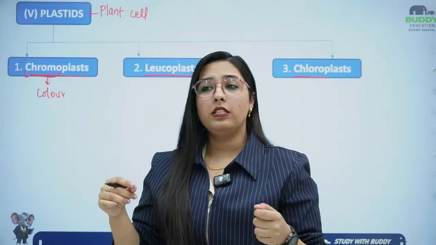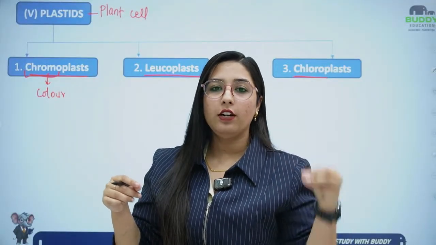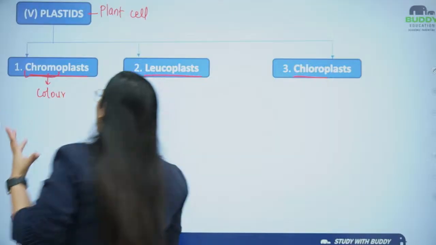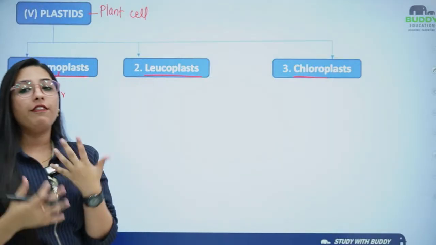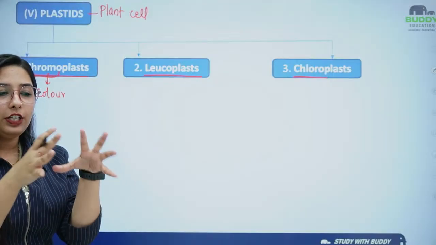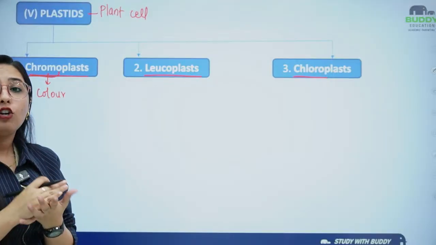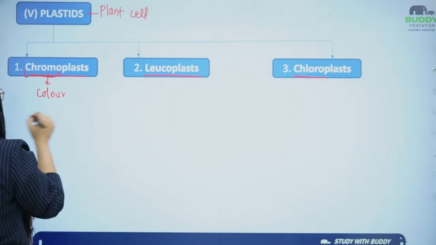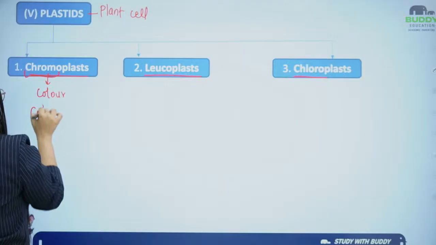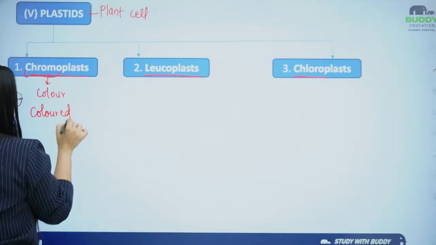If chromoplasts are present in the fruit, they'll be providing color to the fruit. So wherever chromoplasts are involved, students, they are responsible for giving color to that particular part of the plant. So chromoplasts are responsible for providing color. These are colored plastids.